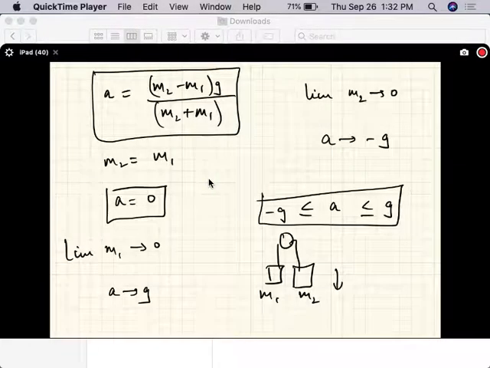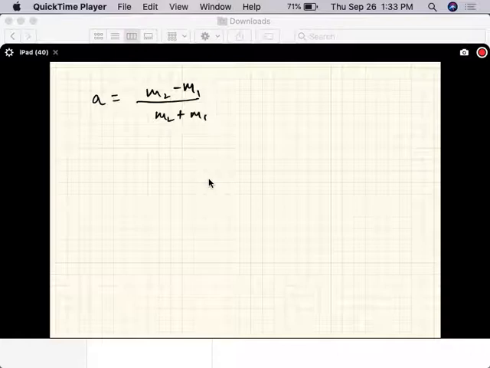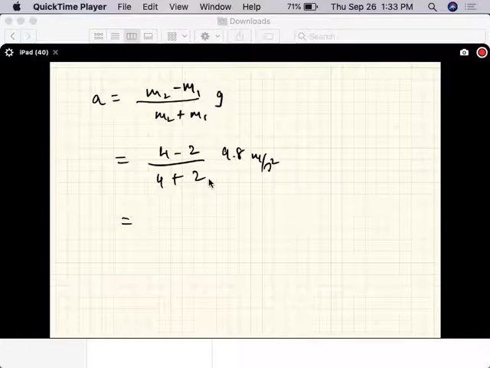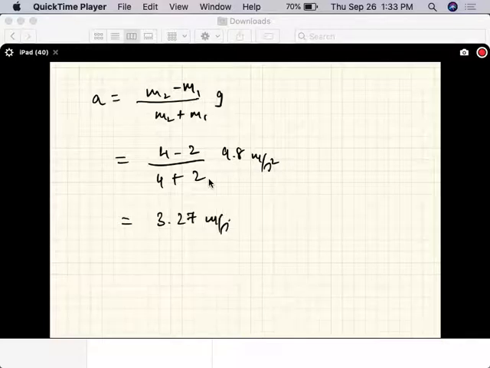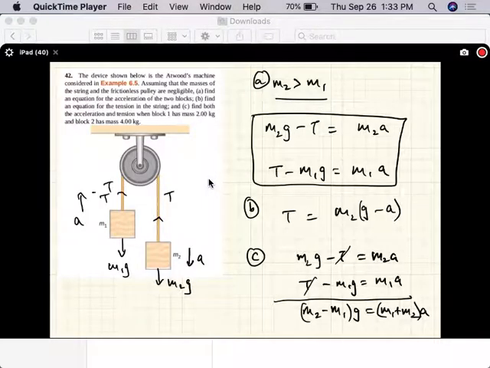So the acceleration is that, and you can use either equation to calculate tension.